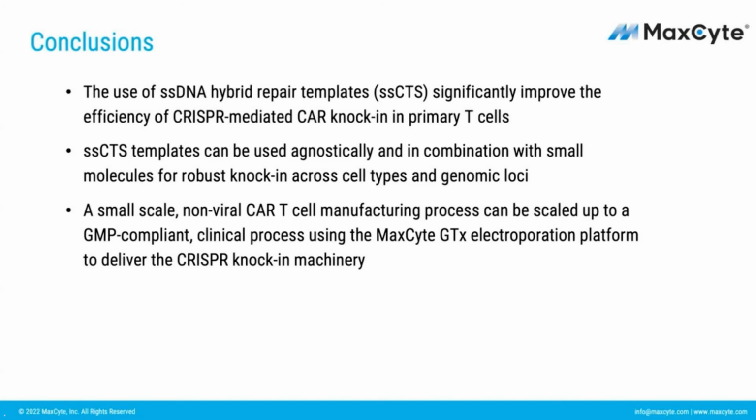Great. All right, I see another question has come in. Does the single-stranded DNA also facilitate larger payload knock-in? So the biggest payload they tried was the 2.9 kb payload, the BCMA CAR knock-in.